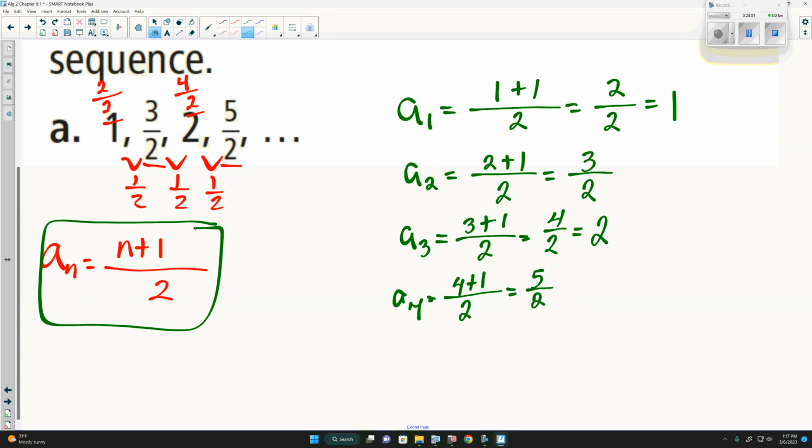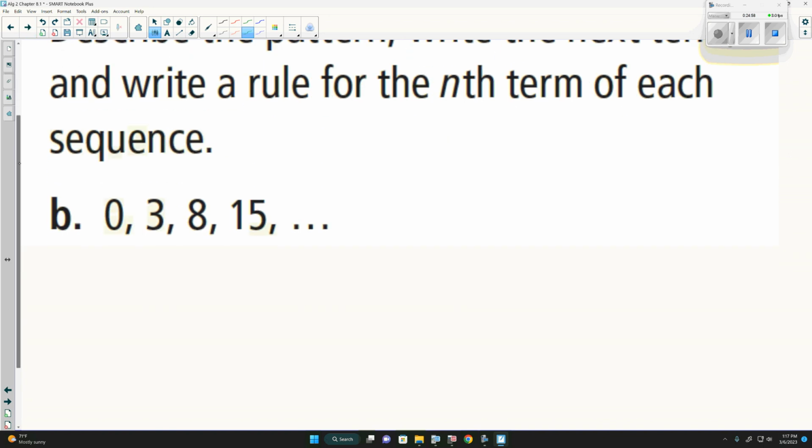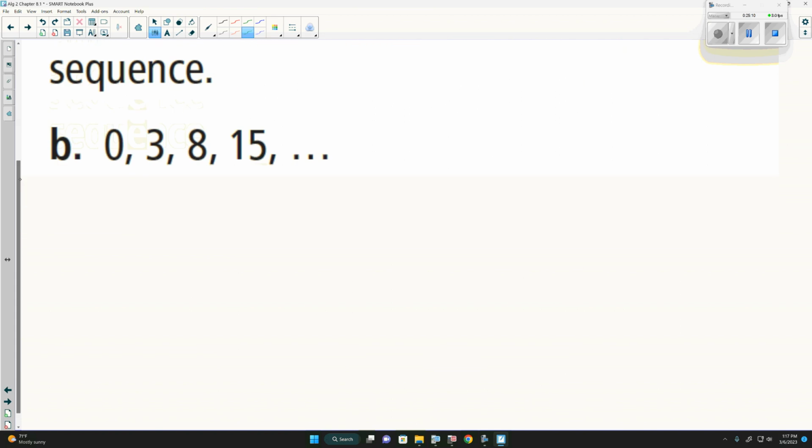And we can keep going through these, and again, working with these is really figuring out a starting place, or figuring out how the numbers work and going from there. Now, I'll walk us through this one, and then we'll move on. But 0, 3, 8, 15.